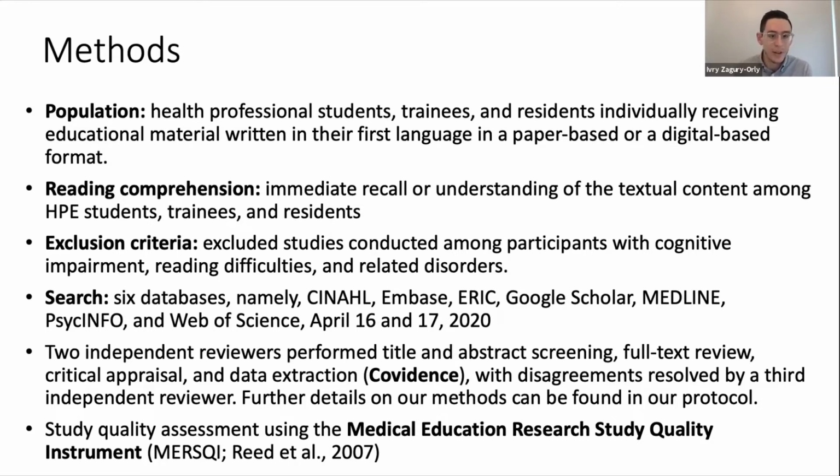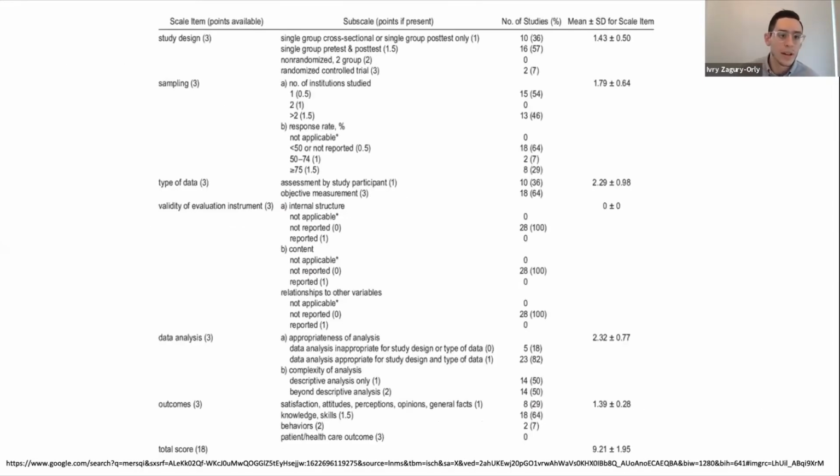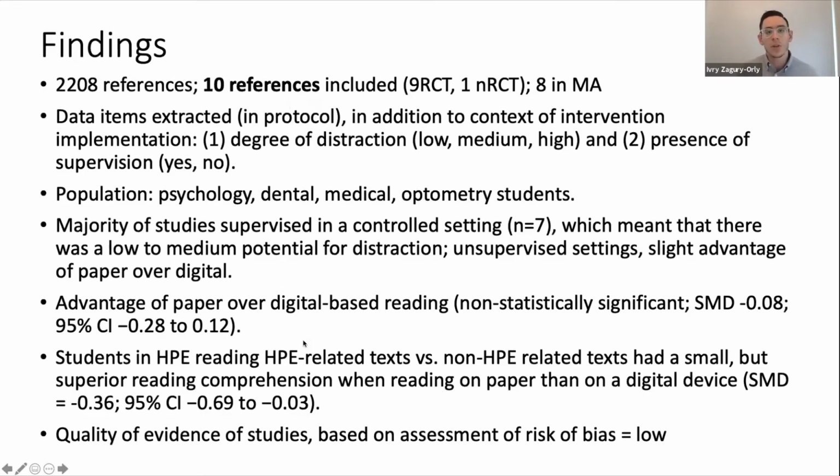And further details on our methods can be found in the protocol, but we evaluated the studies using a medical education research quality instrument, which has a lot of different components, but essentially you can see that we looked at the study design, the sampling, the validity, the data analysis, the outcomes, and that gave us a certain score, which we can rate as low, moderate, or high risk of bias.